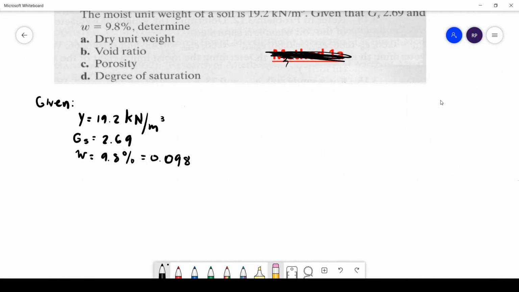And so first we are asked to solve the dry unit weight of the soil. So dry unit weight, that is gamma D.